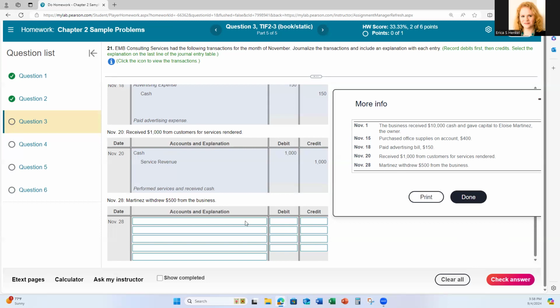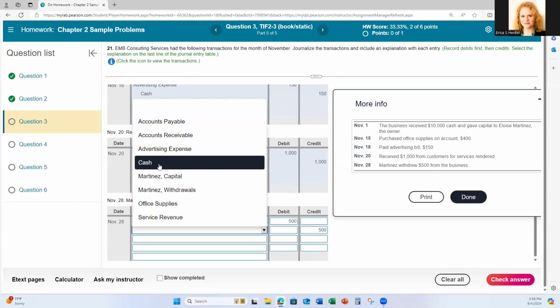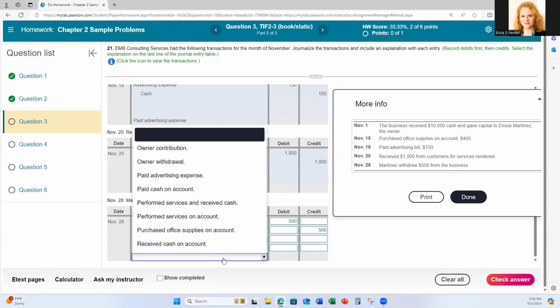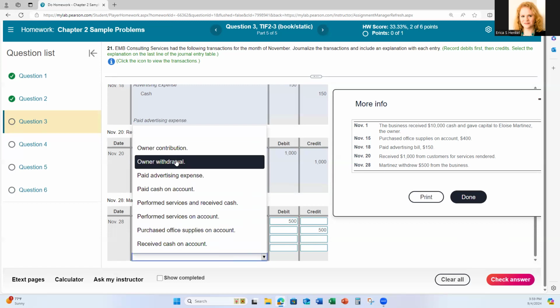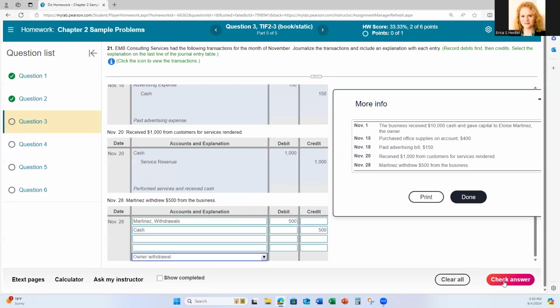So this Martinez withdrawal is going to be a debit of 500. And then cash, which is an asset, increases with debits and decreases with credits, so that makes sense here. We're going to decrease our cash that we're withdrawing out of the business. And then we're going to put here, Martinez owner withdrawal. There we go.